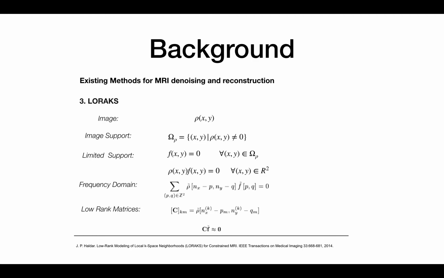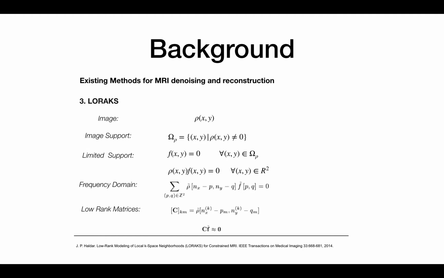Now let's say we have an image rho(x,y), and it has limited image support Omega_rho, and we can always find at least one function f(x,y) which is always 0 within the support of the image rho(x,y). So we can always say that rho(x,y) times f(x,y) equals 0 everywhere, and use the convolution theorem.